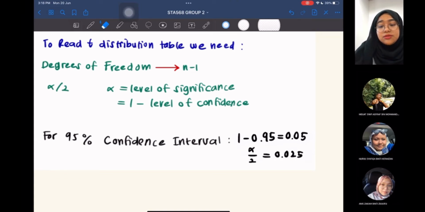Alpha is equal to 1 minus the level of confidence. So we choose 95% as the level of confidence. Then the level of significance is 1 minus 0.95 equals 0.05, and alpha divided by 2 equals 0.025.